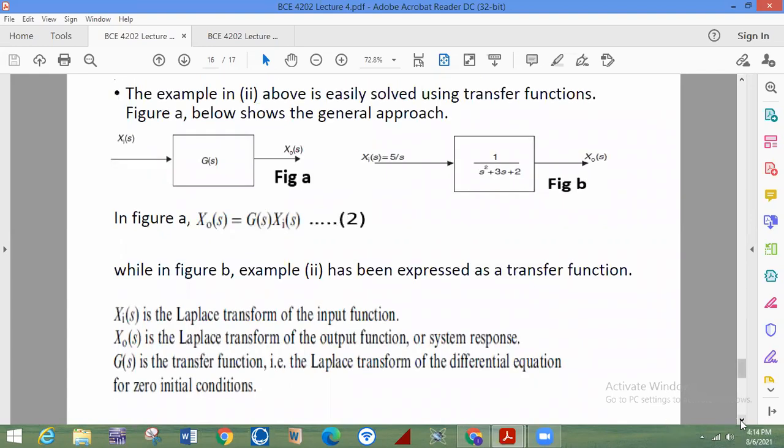Moving forward, this slide says the example in 2 above is easily solved using transfer functions. So again, if I can emphasize a point, because one of the members asked from the previous lecture what is the rationale or the significance of us finding these transfer functions.